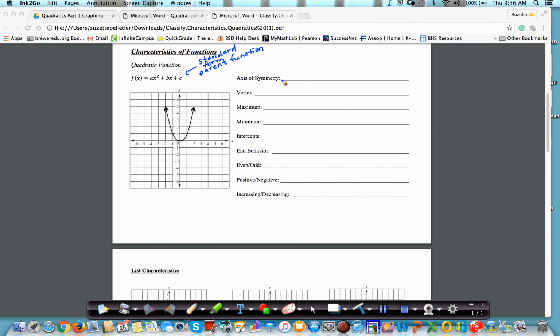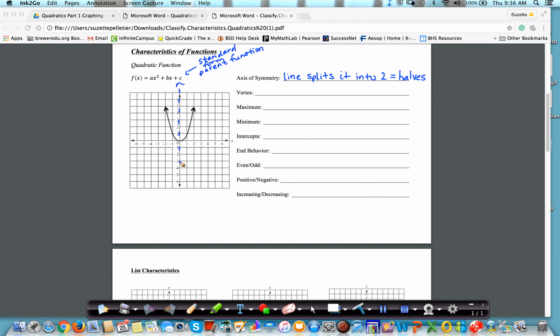Most quadratic functions have an axis of symmetry, so that is a line that splits the function into two equal halves. So if I'm going to list the axis of symmetry in this particular example, I'm going to say that it falls right here.